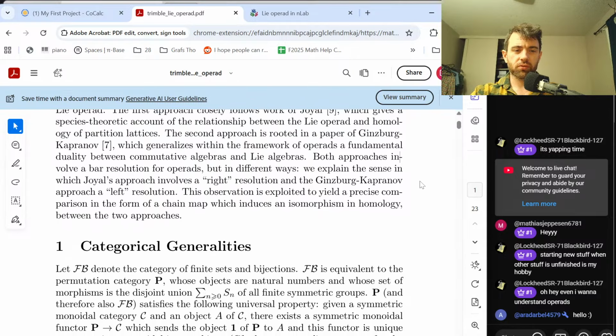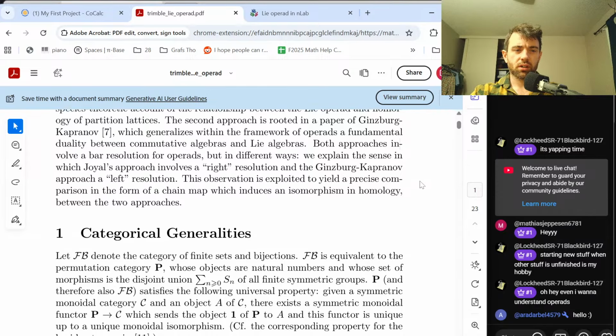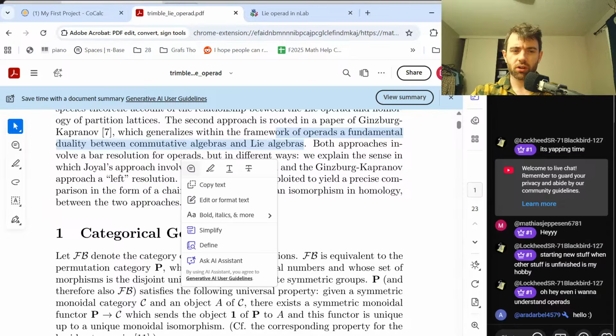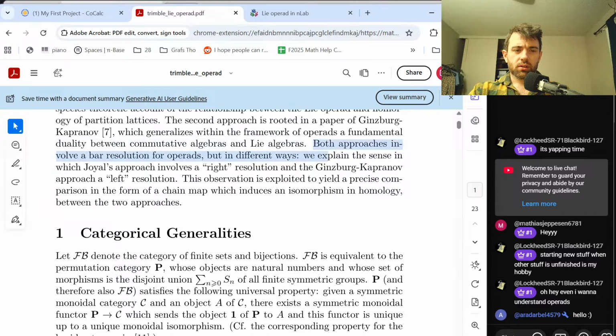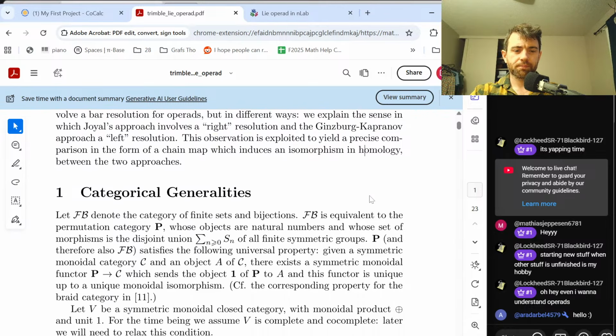Second is rooted in a paper of Ginzburg and Kapranov, which generalizes within the framework of operads a fundamental duality between commutative algebras and Lie algebras, as we just saw. Both involve a bar resolution, but in different ways. We explain the sense in which Joyal's approach involves a right resolution, whereas the other one is left. Okay.